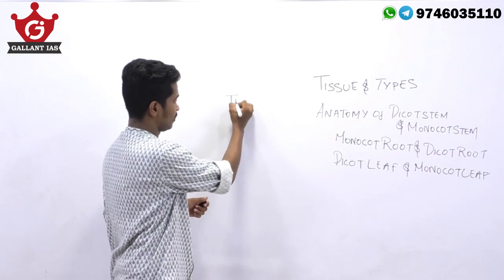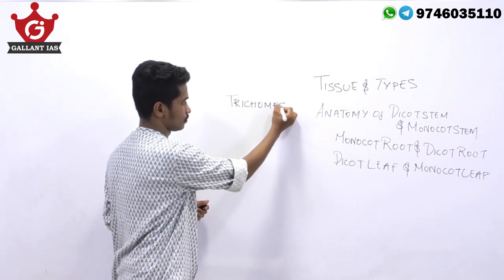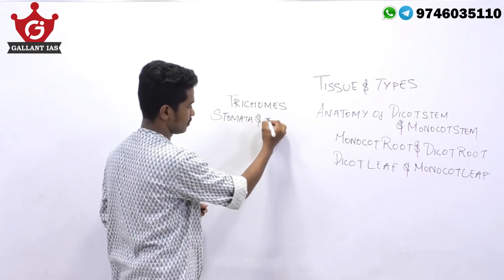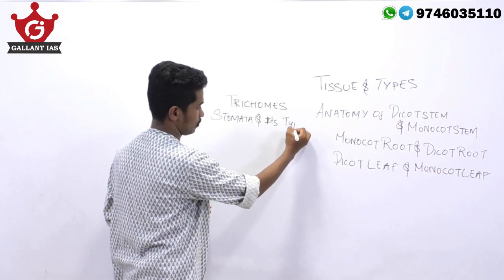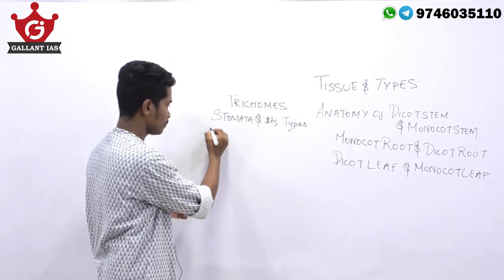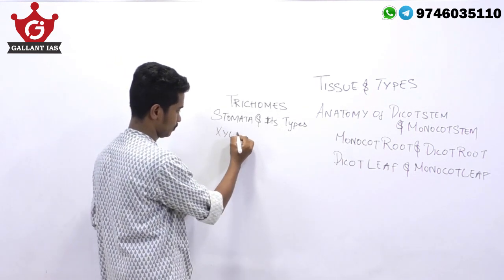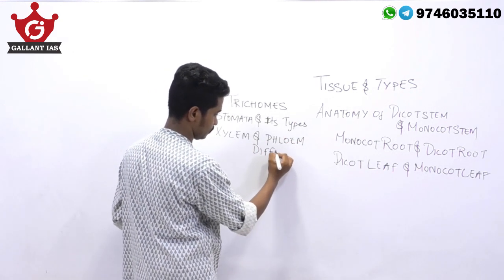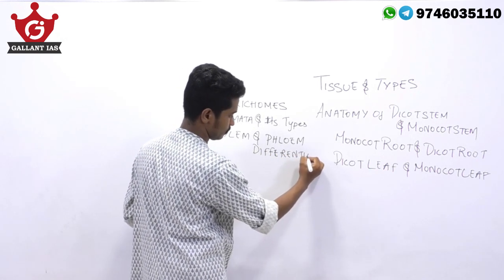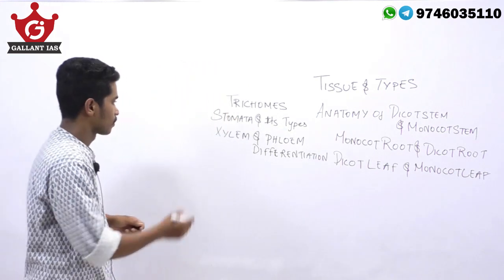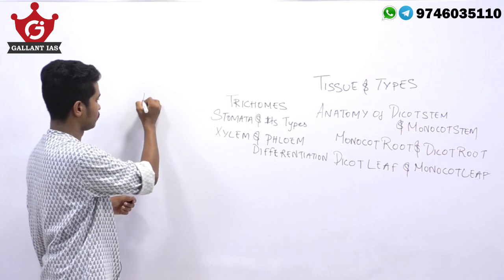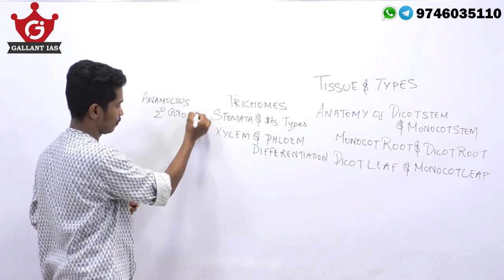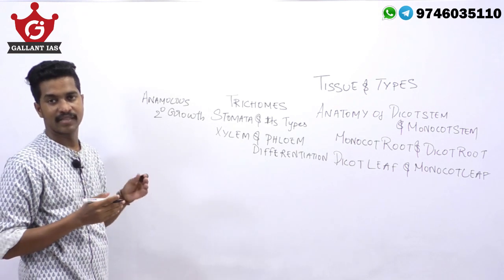And later we are discussing the trichomes, stomata and its types, xylem and phloem differentiation, anomalous secondary growth, secondary growth of stem and wood anatomy.